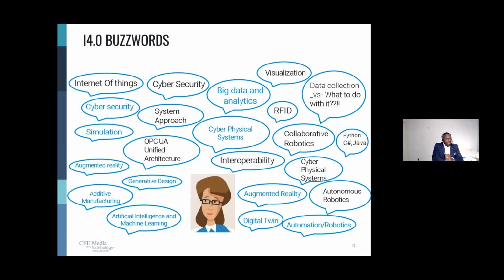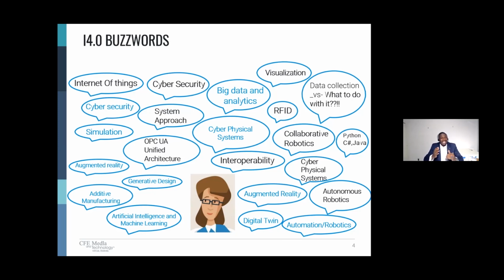Now, when we talk about Industry 4.0, it is important that we have an understanding of all the buzzwords that come with Industry 4.0. Here, this slide defines a lot of the things that come up around the topic of 4.0.